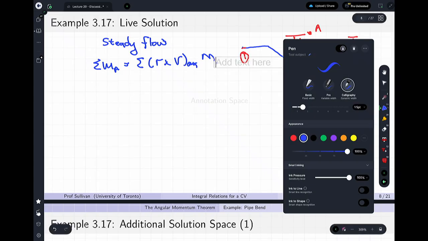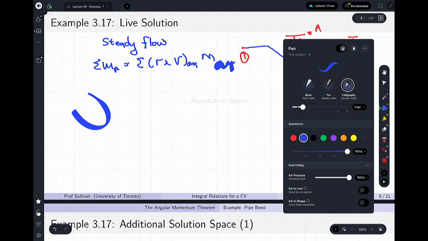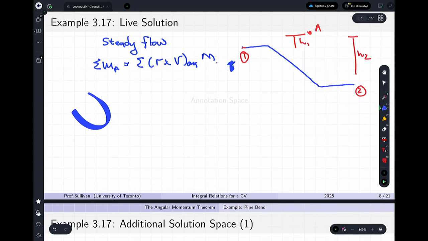I don't know what's happening here. Okay, why is it doing that? Okay, all right, well, there we go. Sorry. Okay, if you beat the computer enough, it actually starts to work.